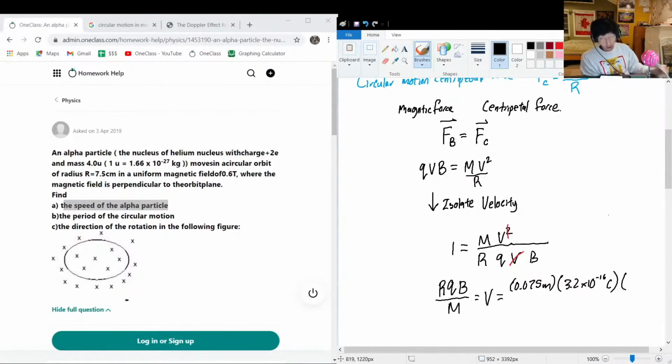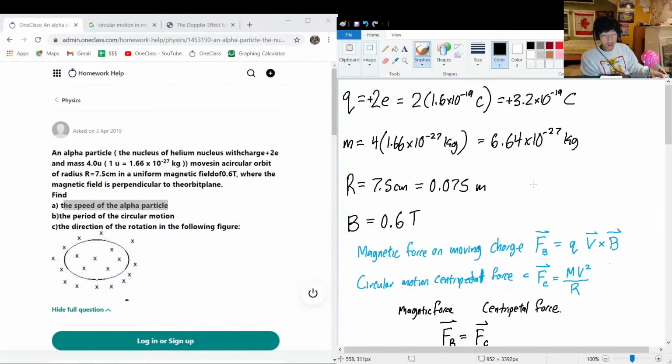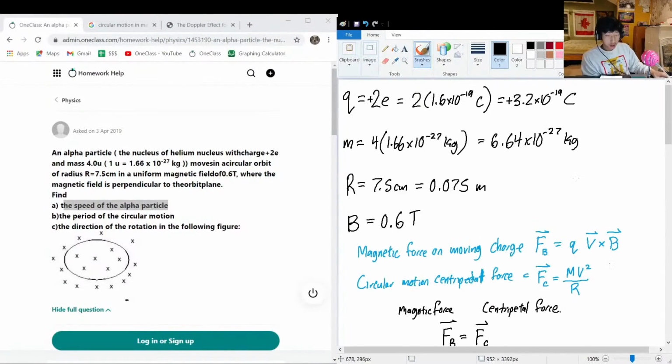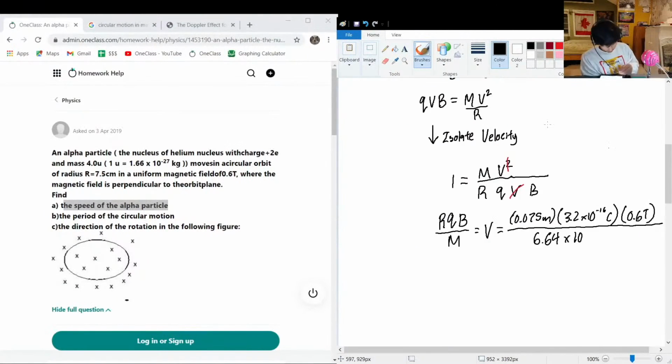Then our B value, I remember that was 0.6 Teslas, and all divided by our mass, which was 6.64 times 10 to the negative 27 kilograms.